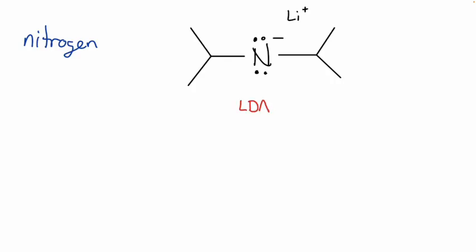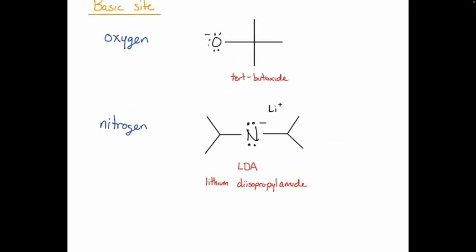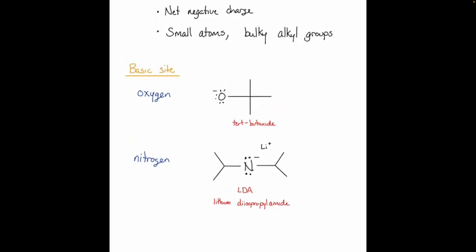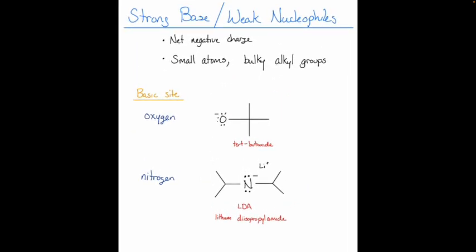But the name of this molecule here is LDA, or lithium diisopropylamide. But again, what's going to characterize these strong base, weak nucleophiles is that we have those good basic atoms, those small negatively charged atoms, attached to these big bulky alkyl groups.